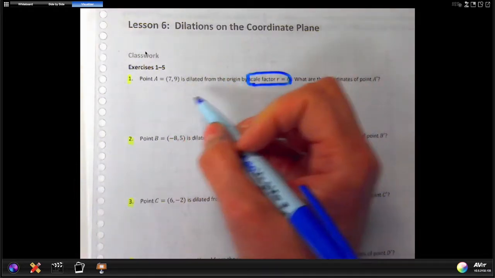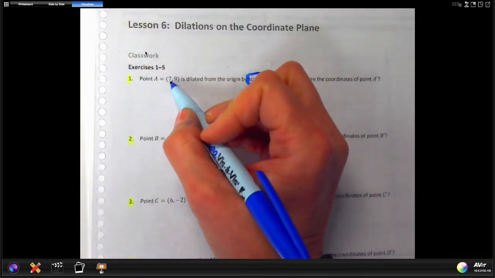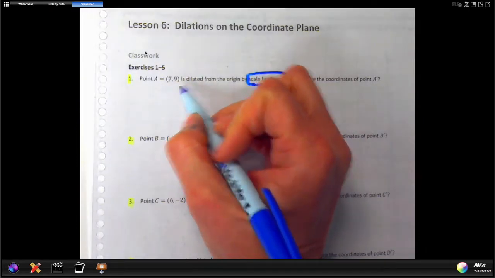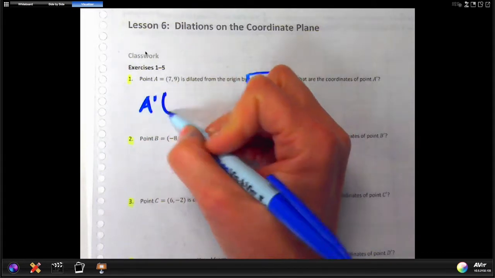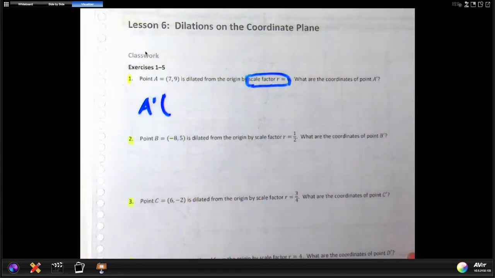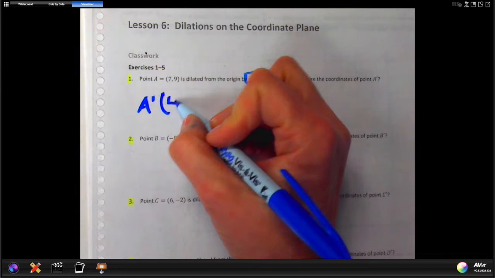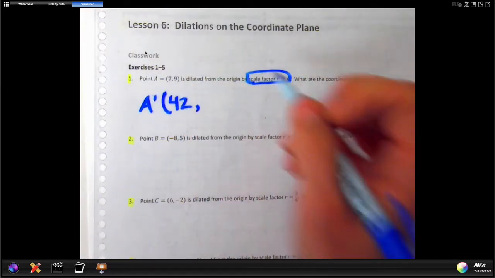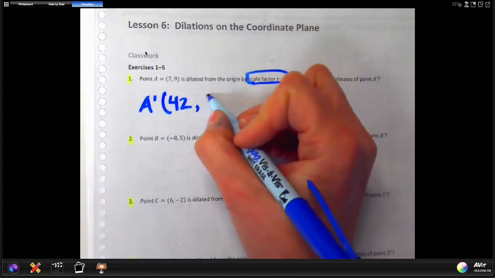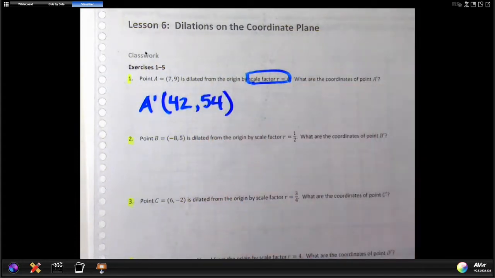Well, to get that, we would multiply each of our coordinates, 7 and 9, by 6. So A prime, 7 times 6 is going to give us 42. And then comma 9 multiplied by 6 is going to give us 54. And so that is our new coordinates.